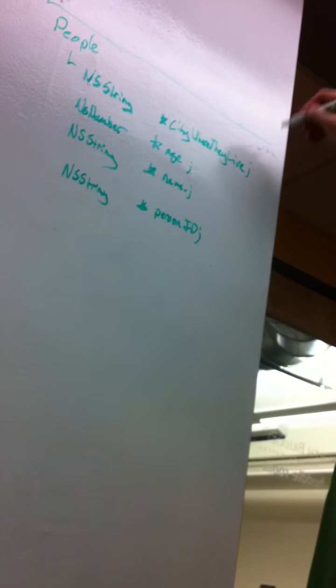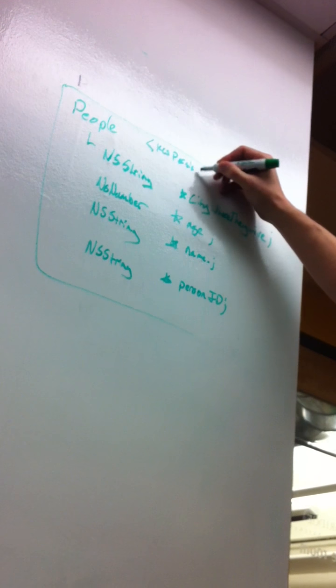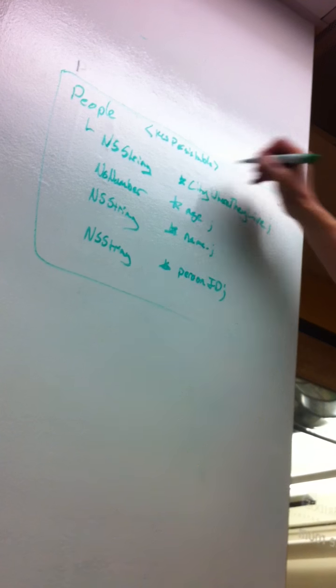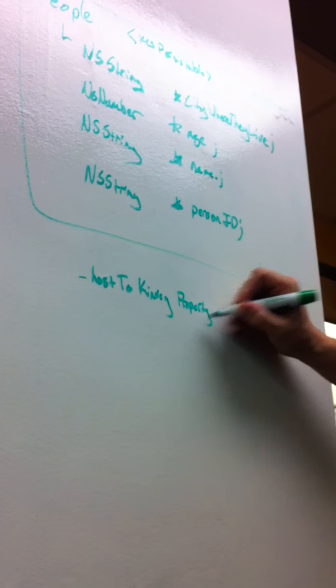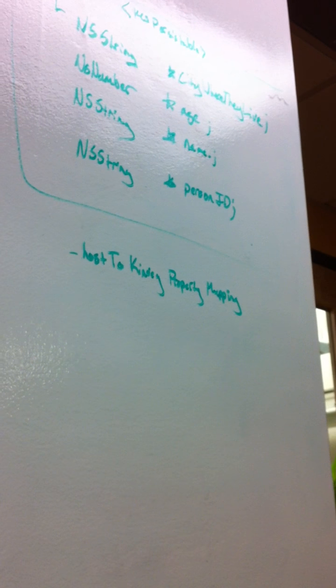In order to make this object something that can live on Kinvey, all you need to do is tell us how you want to store it. If you say that it implements protocol KCSPersistable, you define one method, which is hostToKinveyPropertyMapping, which returns an NSDictionary.